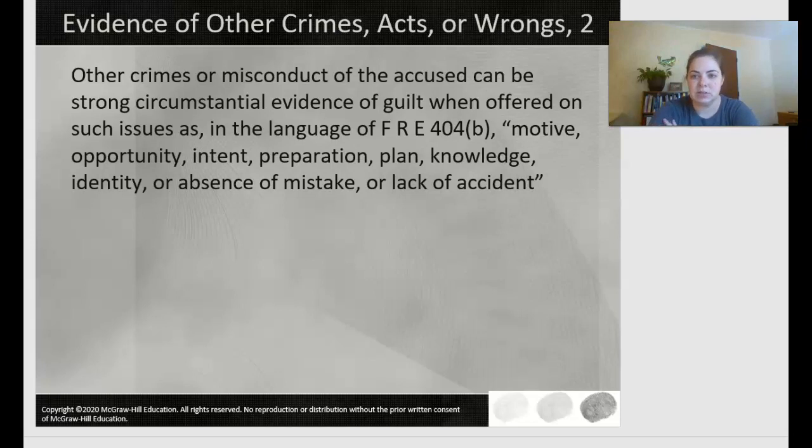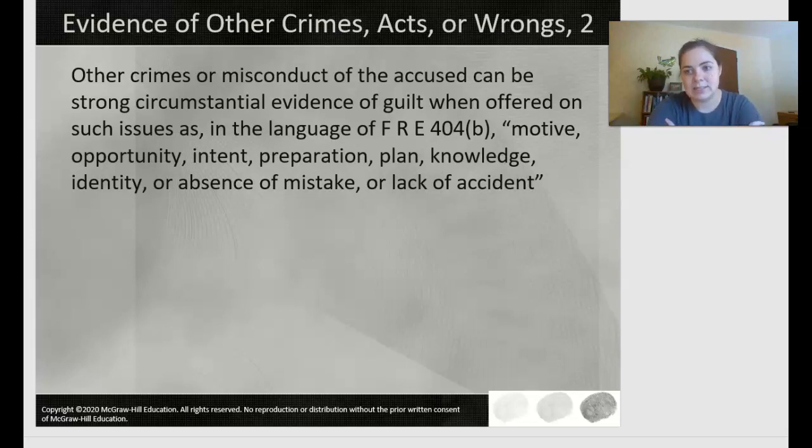Other crimes can be used to establish circumstantial evidence of guilt when offered on issues such as motive, opportunity, intent, preparation, plan, knowledge, identity, absence of mistake, or lack of accident. If we think about it, when we watch those crime TV shows, we'll see this at work.